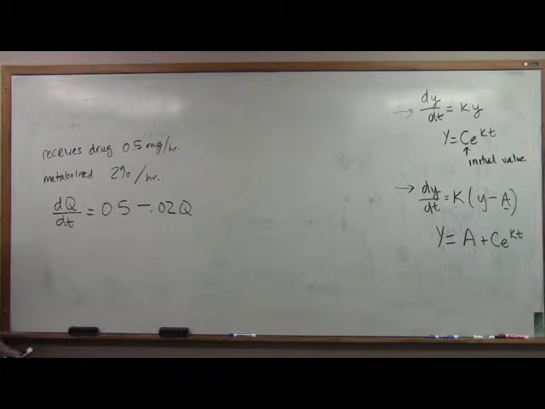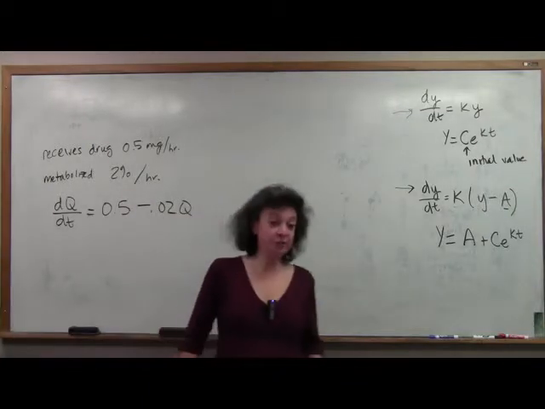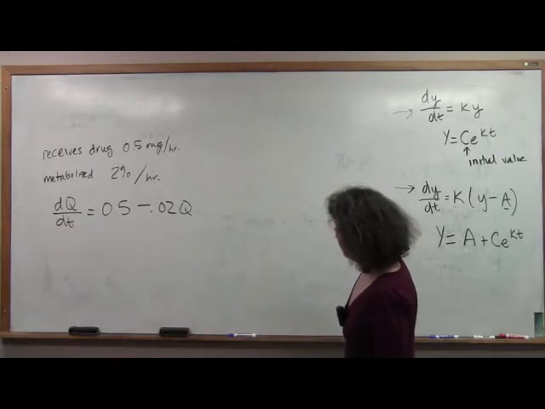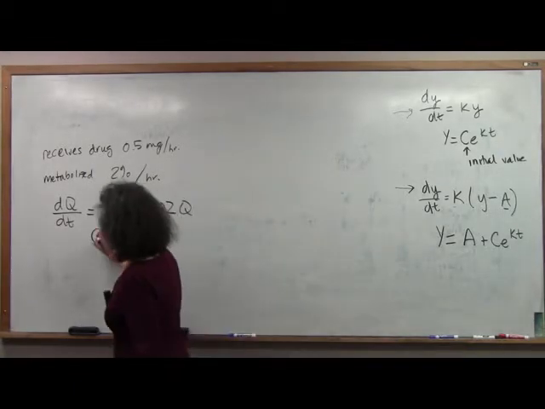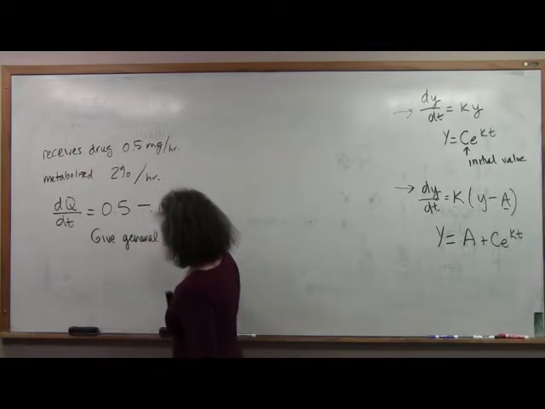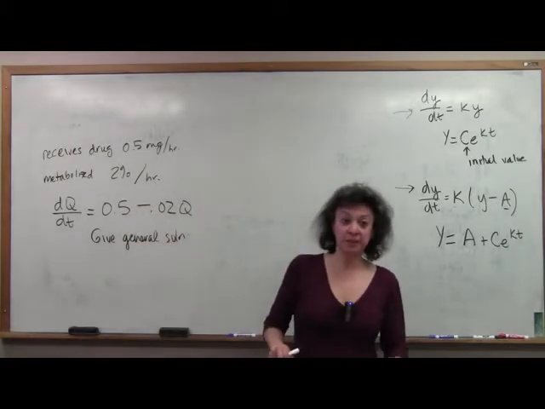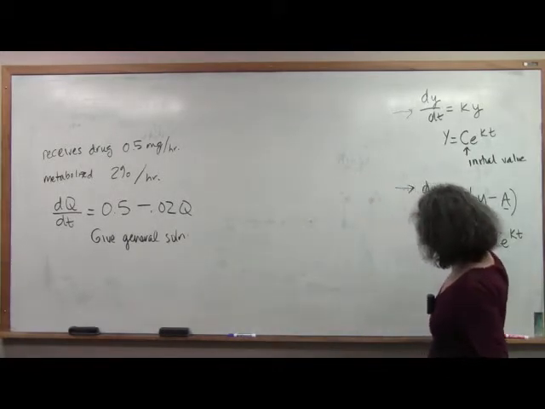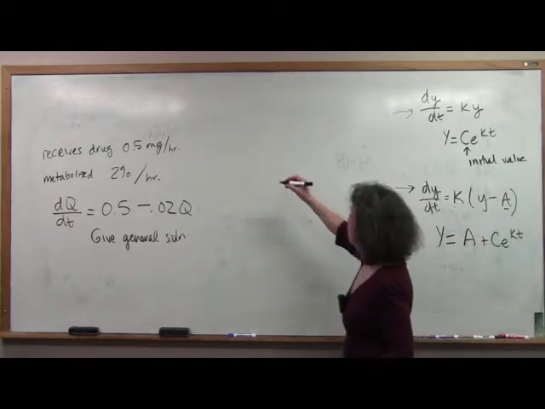Okay? Now, what if I want us now to give the general solution to this differential equation? So, if now I want us to give the general solution, we have to do a little bit of algebra here. Okay? Again, we have to get it into this form.